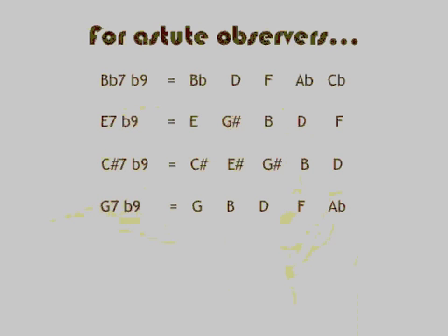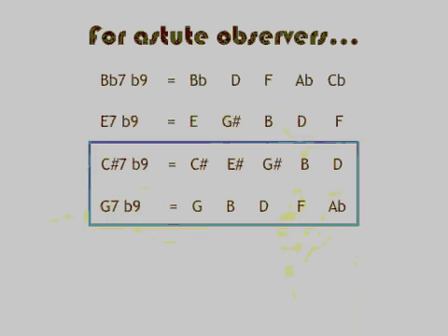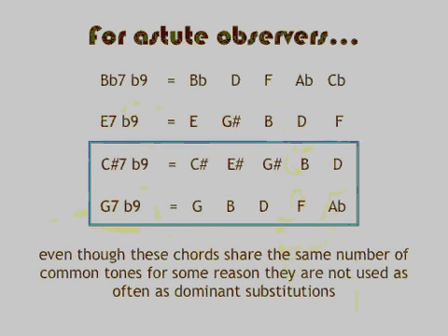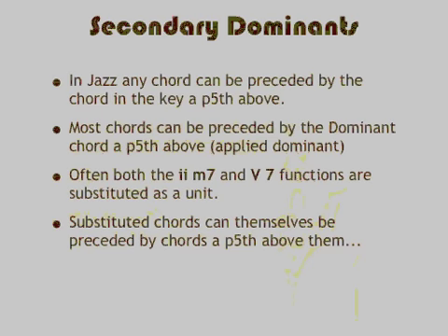In fact, all of these chords here have the same exact pitches in them except for their root. These two at the bottom, though, aren't used as often for substitutions in jazz. I don't know why that is, but for some reason they're just used a little bit less. But that doesn't mean that you can't use them. It's just that they're used a little less.